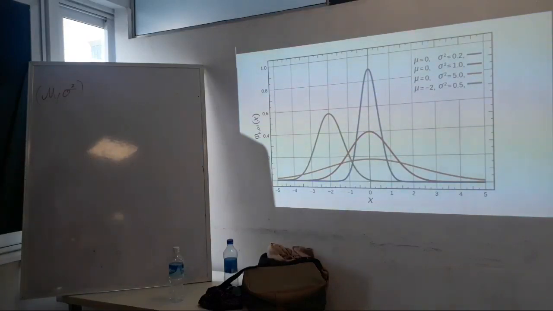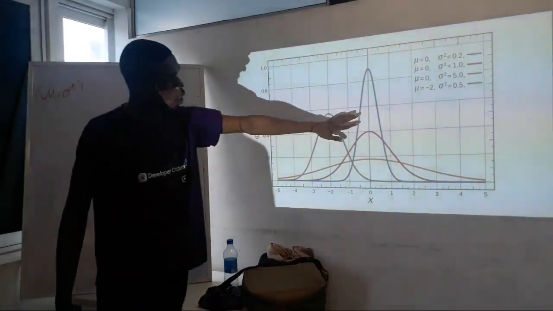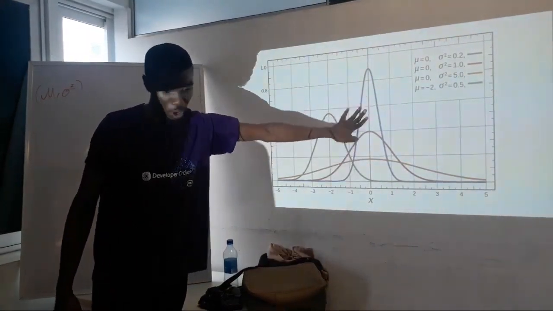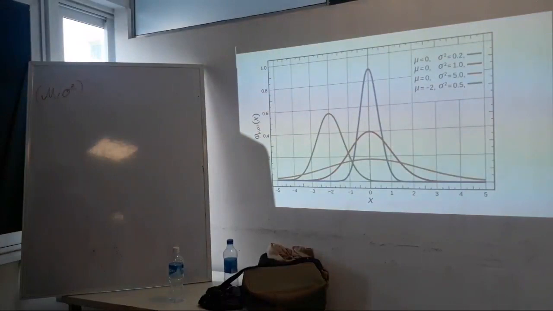Another thing we have to take note of is that the area under this curve is equal to 1. That's a very important property of the normal distribution.